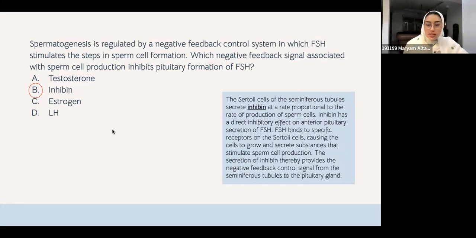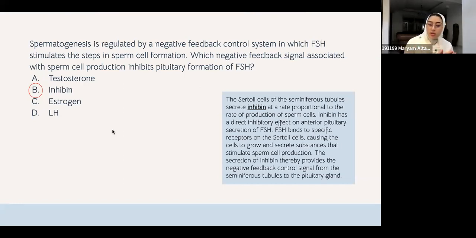So your Sertoli cells in your seminiferous tubules, they're the ones sitting in between the developing sperm. They provide nourishment, and they're part of the blood-testis barrier. They secrete inhibin proportional to the rate of the production of sperm cells. What does that mean? The more sperm cells I have producing, the more inhibin I give.